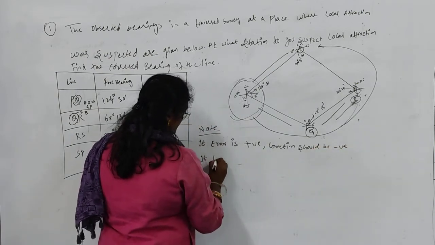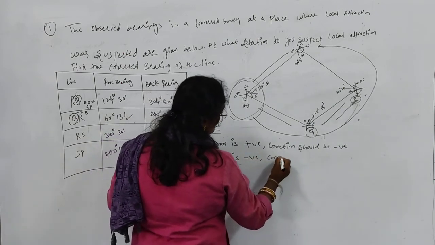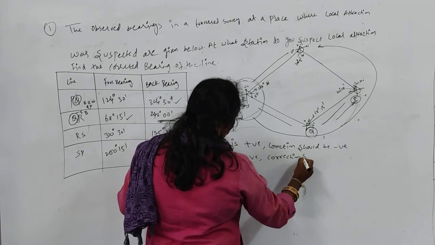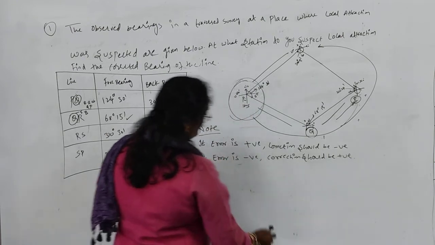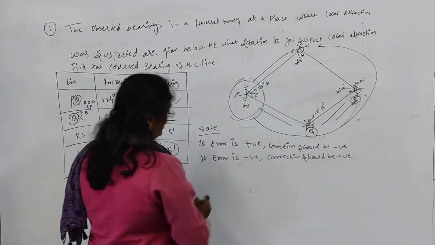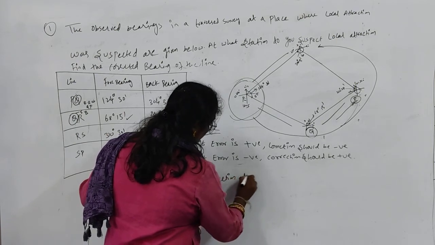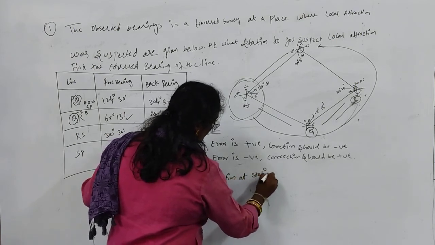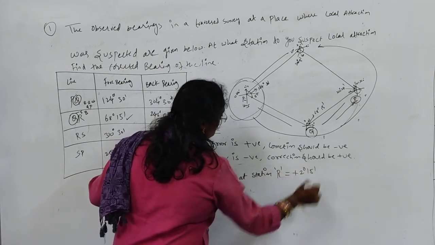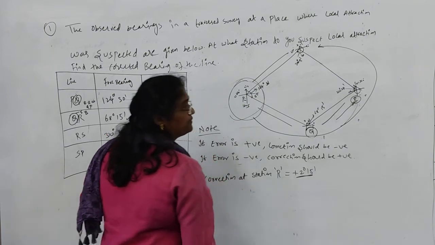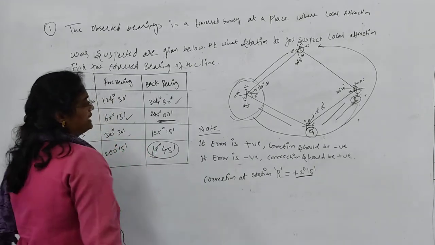If error is negative, correction should be positive. Remember this one. So the correction at station R will be plus 2 degrees 15 minutes. This plus 2 degrees 15 minutes should be added to the next forebearing.